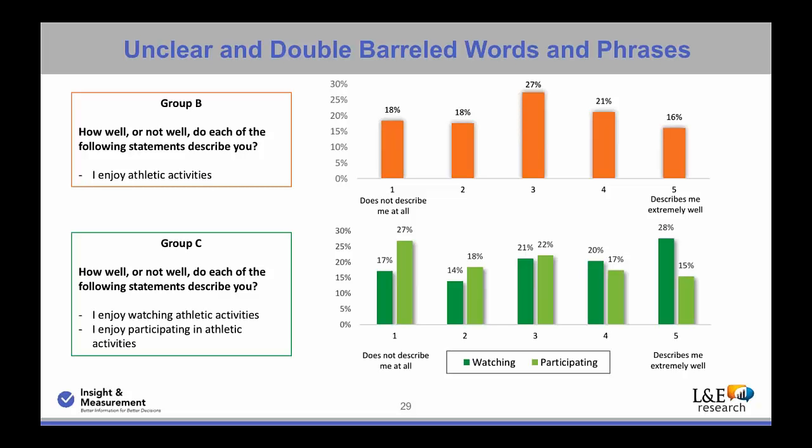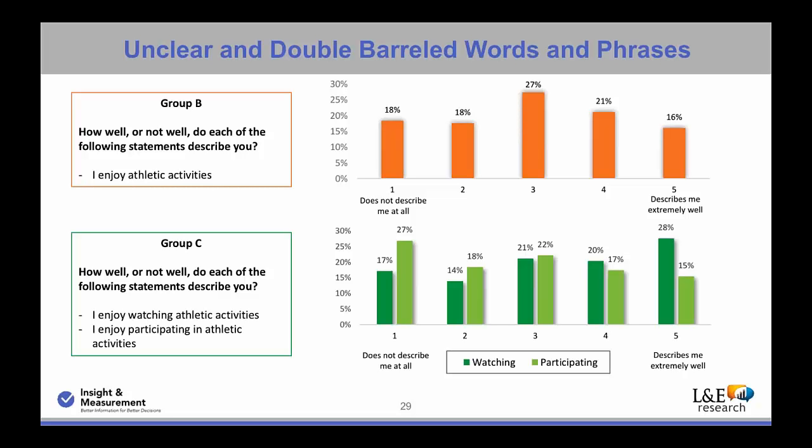If you look at the light green compared to the orange, again, a very different distribution. I've looked at the data, and there are a lot of people who are giving you a 1 on watching and a 4 on participating, or a 1 on participating and a 5 on watching. Those are very different questions for people. So when we ask items like I enjoy athletic activities that really contain 2 things, we're getting mushy responses.